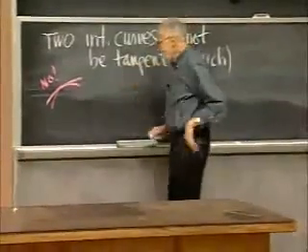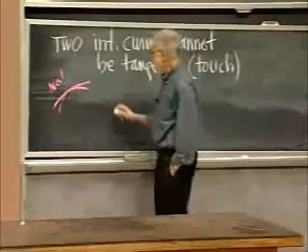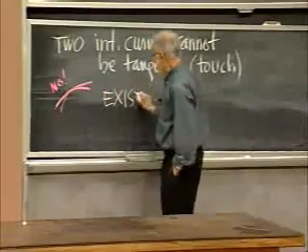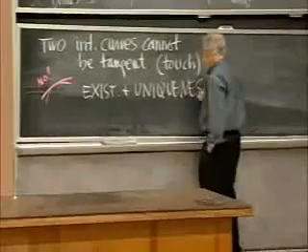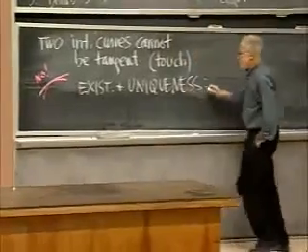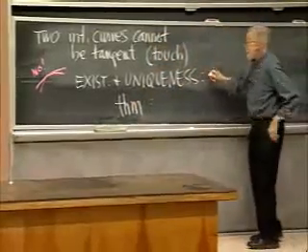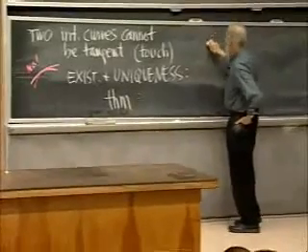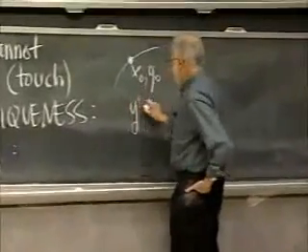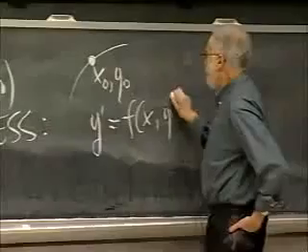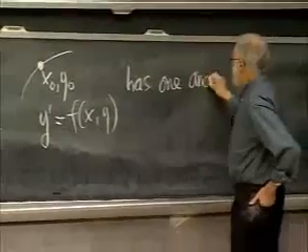That's much more sophisticated than this, and the reason is because of something called the existence and uniqueness theorem, which says that through a point x0, y0, the equation y prime equals f of x, y has one and only one solution.